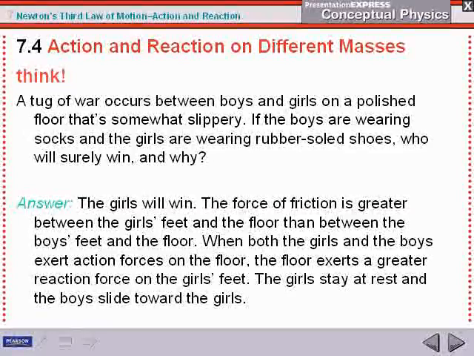Remember, the forces that they're going to exert on each other are going to be the same on the rope. The difference is that the girls are going to be able to exert a force on the floor, and the boys will not be able to exert that force. And as the girls push on the floor, they're going to pull the boys towards them, because the boys are not going to get any traction on the floor.